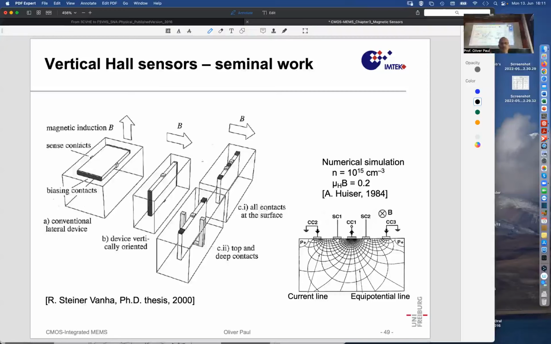What you also see here is, in the case of the Popovich plate, some potential distribution under a current being injected. So this is a current contact 1, and the current flows in through the outer contacts along these lines into the central contact, and then you see equipotential lines that show that the sense contacts are not at the same potential.